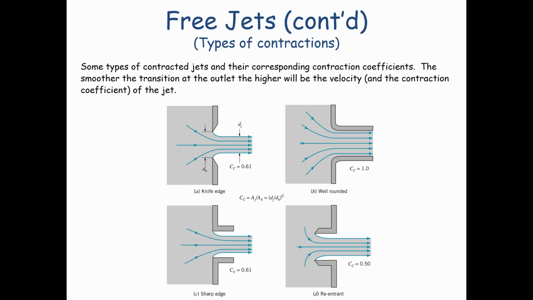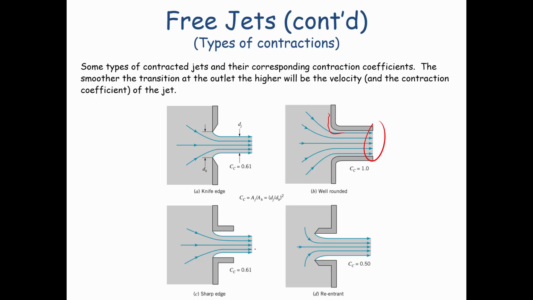In the case of this nice rounded edge that you see in B, the streamlines are able to make it around the corner such that by the time they reach the exit of the opening right here, the streamlines are parallel to each other, and there's no contraction at all, such that now the contraction coefficient is equal to 1. The area of the jet is basically equal to the area of the opening.